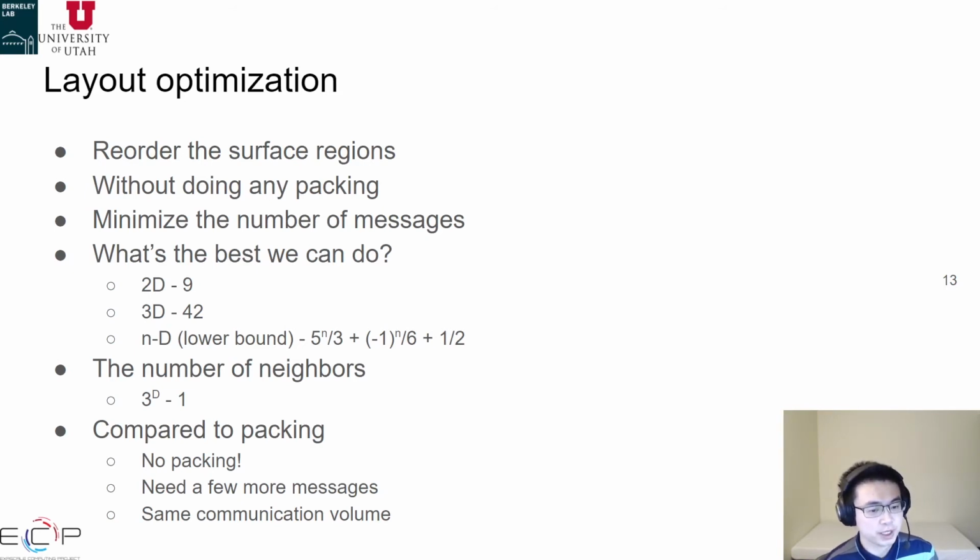However, if we compare to packing, layout optimization firstly doesn't need the packing operation that incurs the huge cost that we showed earlier, but it does need to add a few startup times for a few extra messages. However, the communication volume with either packing or layout optimization is the same.